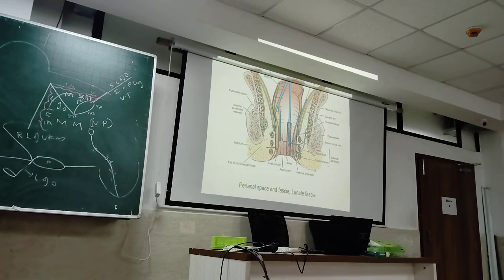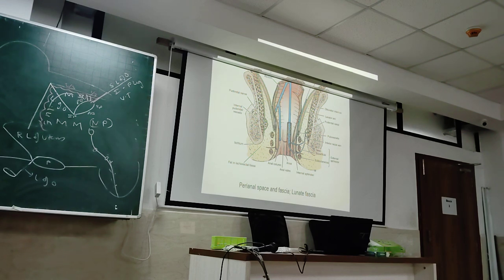The branches of the nerve and the artery, pudendal nerve and internal pudendal artery, which start from the pudendal canal and have to supply the sphincter, do not pass through the ischiorectal fat. They pass above the lunate fascia and go. So they are passing through the suprategmental space.